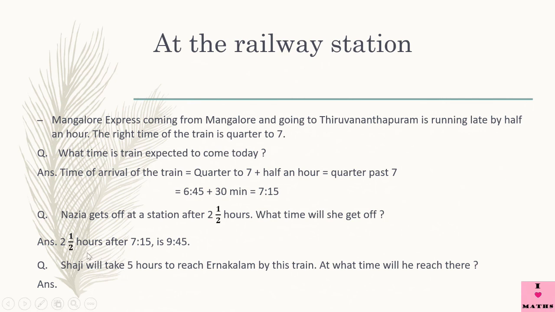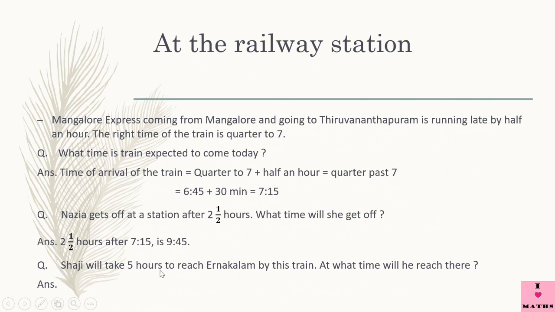So in 9:15 we have to add half an hour. So half an hour means 30 minutes. 15 minutes plus 30 minutes is 45 minutes. So the answer is 9:45.